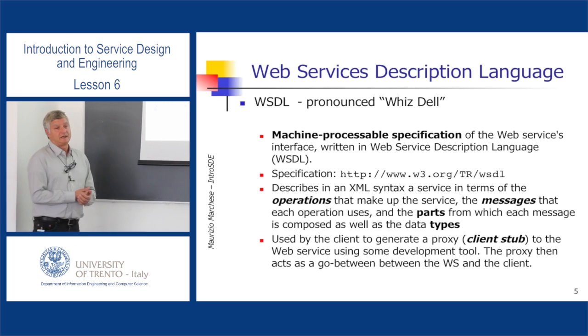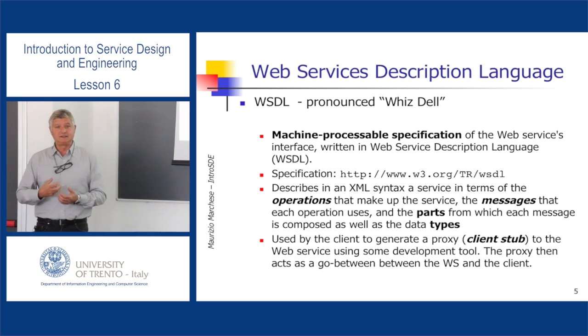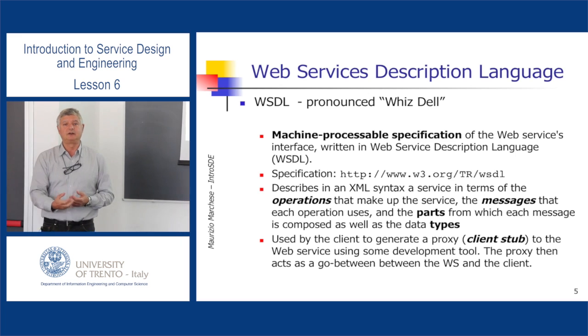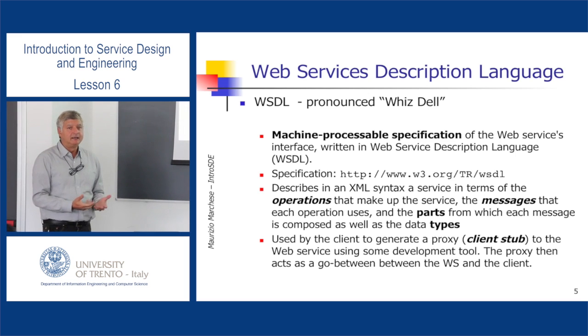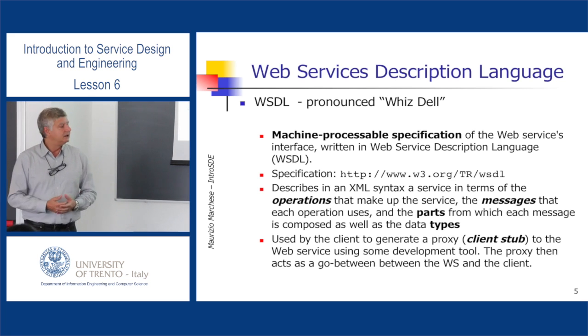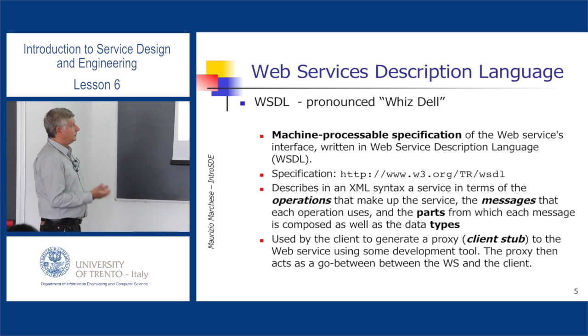Obviously, it is machine processable. That's the important thing. It's a description of the interface of any service, in particular web services, and it is not done for humans, although, as we will see, reading a WSDL document we as humans can understand it. It's not something that is completely encrypted.